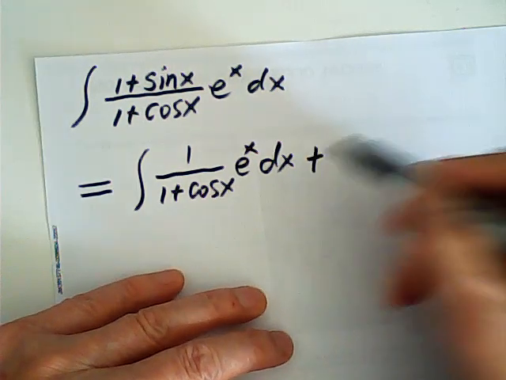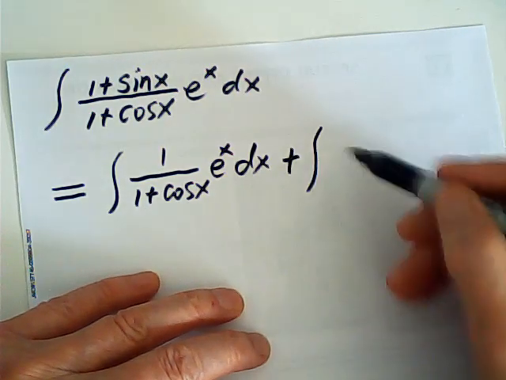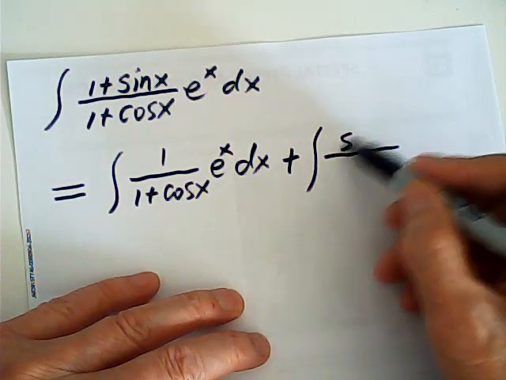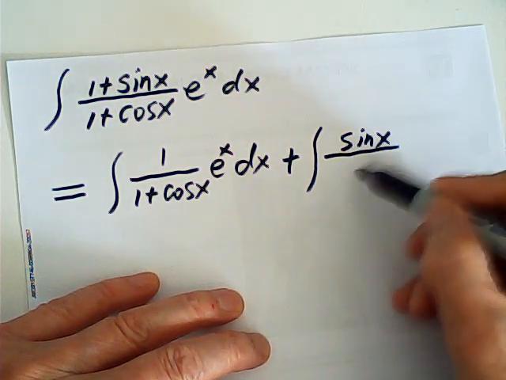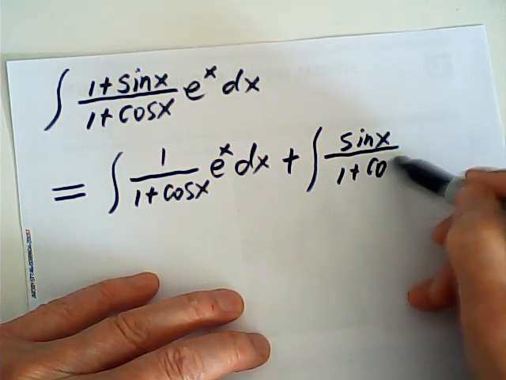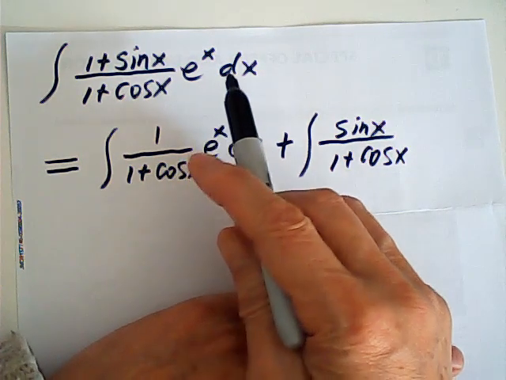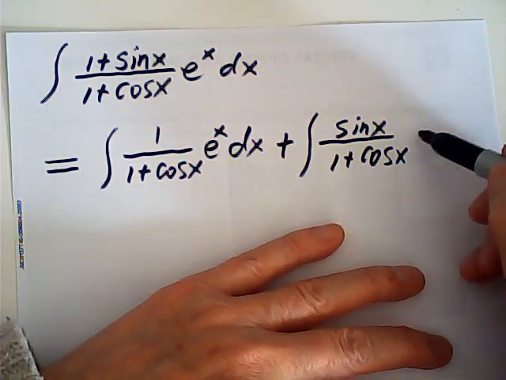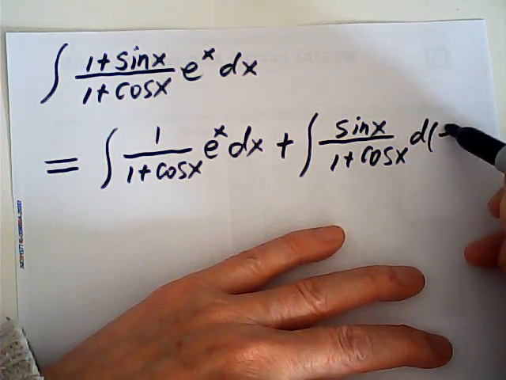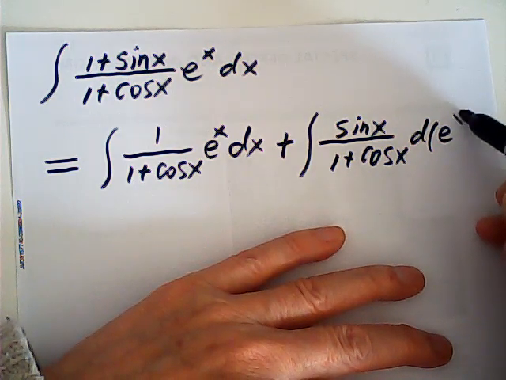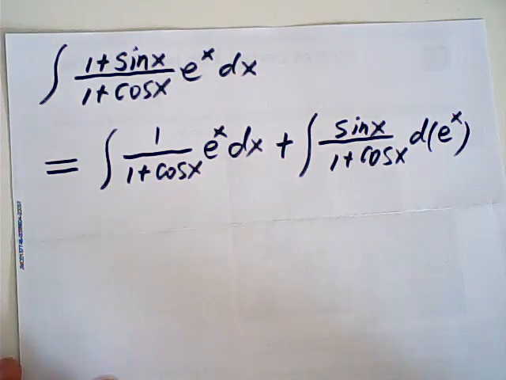Then the second part is plus sine x over 1 plus cosine x, e to the power x dx. I'm writing it this way, dx.